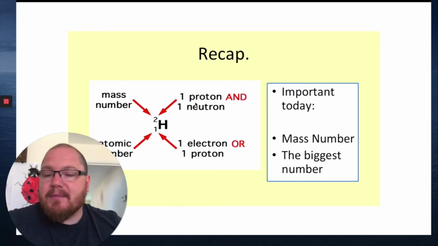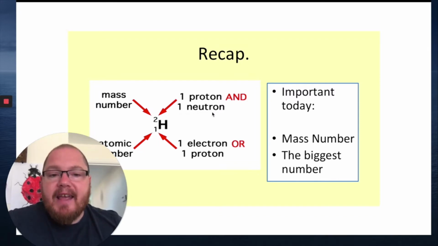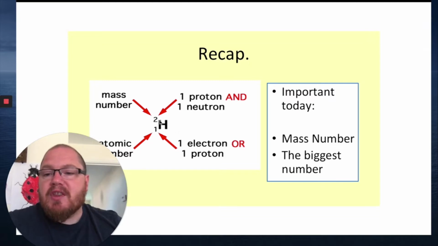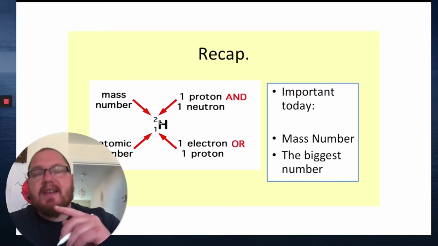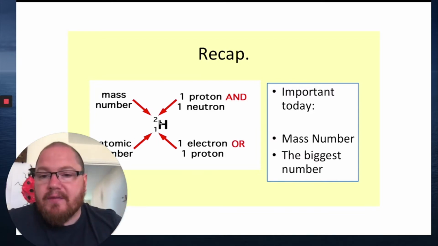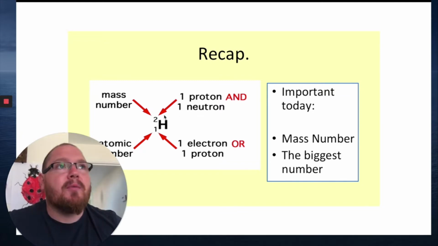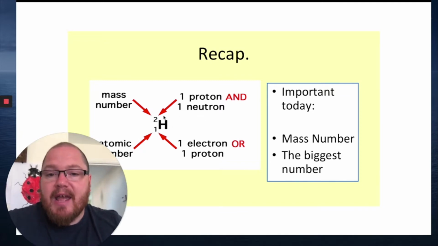Whereas this mass number is protons plus neutrons. Today, we're going to be using the big number. So in previous, when we did electronic structure and we drew the electron configuration, we were using the small number. But today we're going to be using the mass number, hence the term molecular mass, and MR.